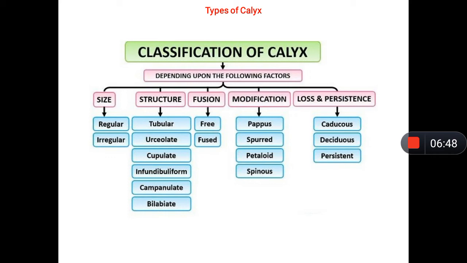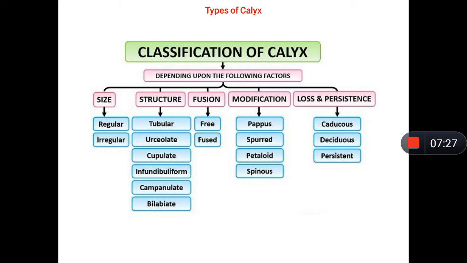The table which is shown here shows that every factor is again classified into 2 or 3 or sometimes 6 types. Considering first, it is size, if they are regular or they are irregular. In case of structure, they are divided into 6: tubular, urceolate, capulate, infundibuliform, campanulate, bilabiate.